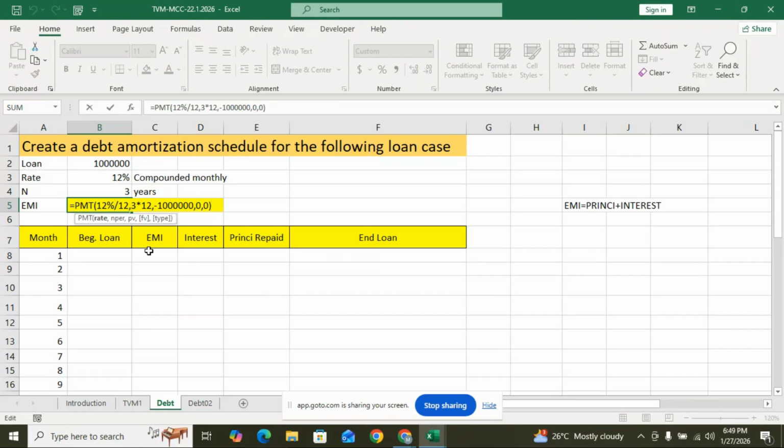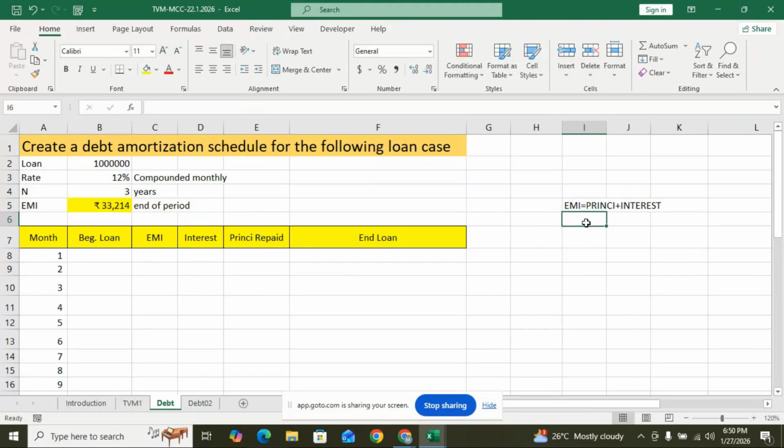So here we have a step where we have to calculate the principal repaid. How do you compute the principal repaid? EMI minus interest becomes your principal repaid.